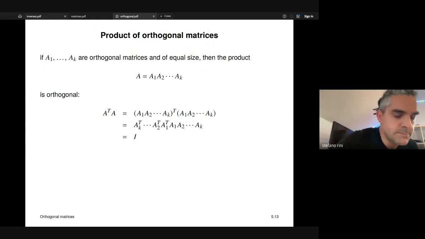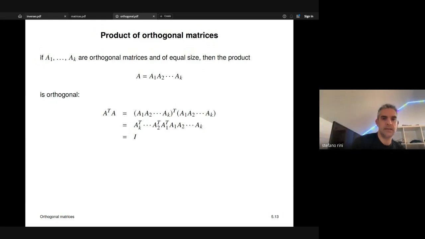Okay, so moving on. The product of orthogonal matrices of equal size. Let's say that we have a matrix A, and what happens if you take the product of orthogonal matrices?